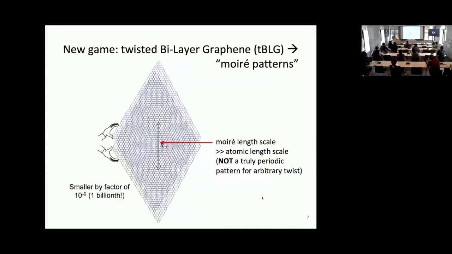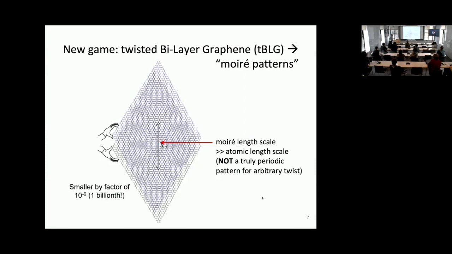A new game that appeared roughly 5 or 6 years ago was the idea of taking two of these layers, putting them on top of each other, and twisting by a small amount. This creates a different length scale, much, much larger than the atomic length scale of the underlying atomic lattices. And in most situations, it is not a truly periodic system. The periodicity is only approximate.